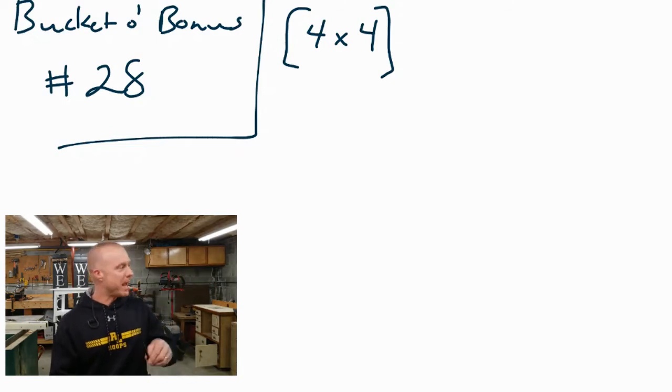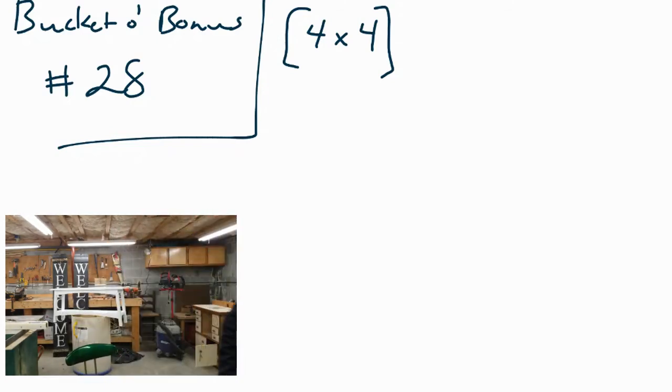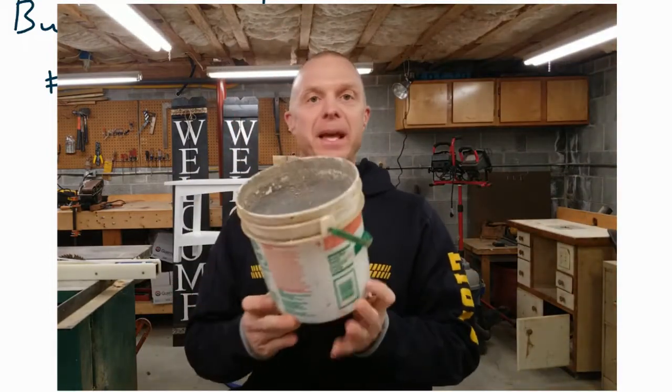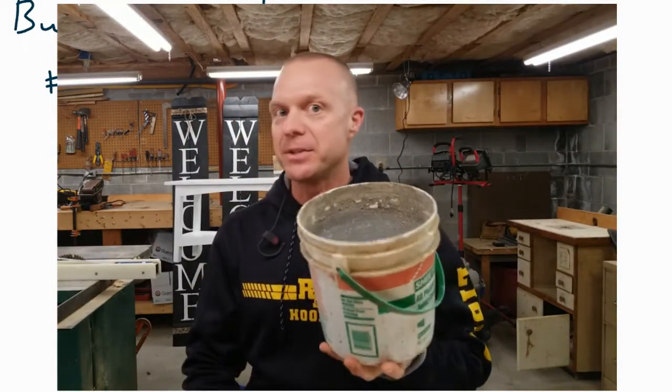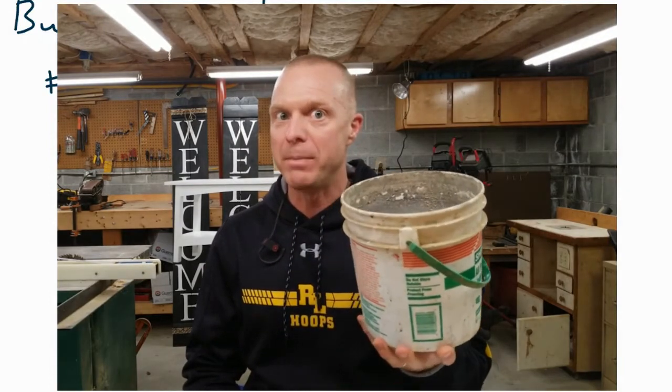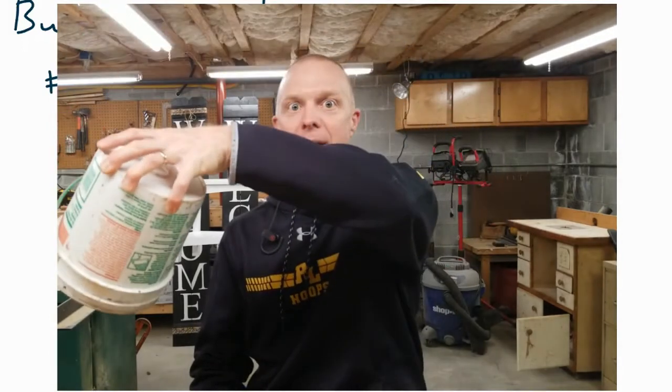Well, there's a bucket of bonus points, and I found a dirty old bucket in my workshop here, and inside that bucket, there is an undisclosed amount of bonus points that will be dumped on whichever student gets the problem right.